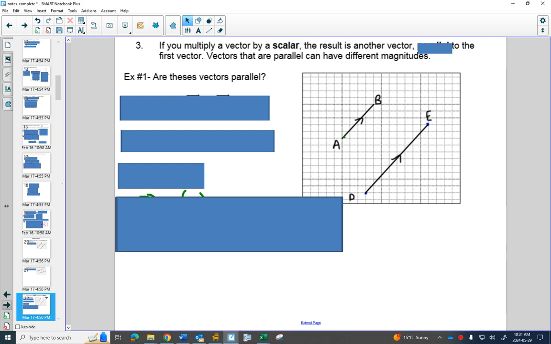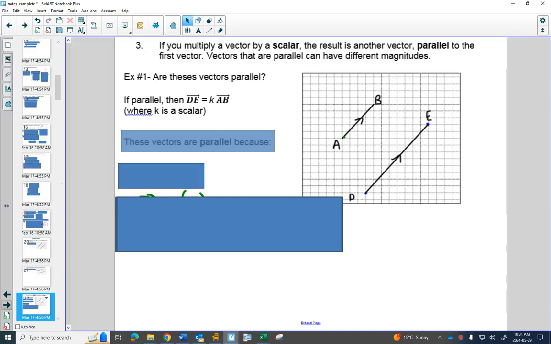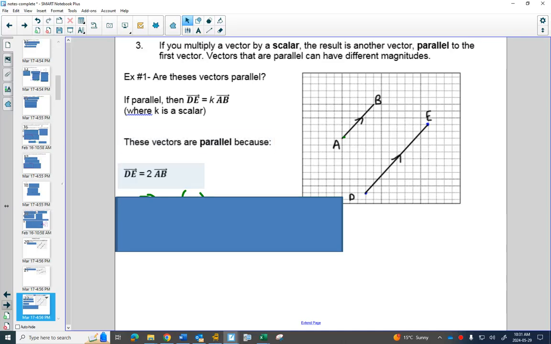If you multiply a vector by a scalar, by any number, it's parallel and just becomes longer or shorter. Are these vectors parallel? If they are parallel, there exists some scalar k that you can multiply by this one to get the other one. And it looks like what, 2.5? We could show the math. Oh, it's 2 times.